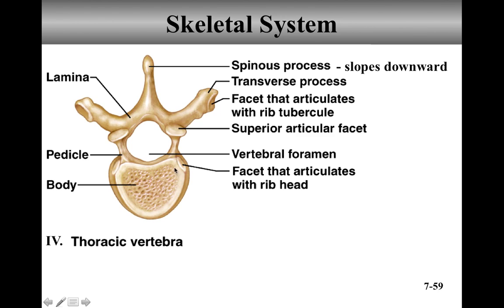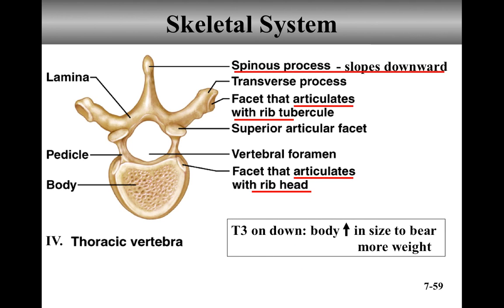A little bit bigger body, a facet for a rib head, a facet for a rib tubercle, and so your rib is actually going to curve back a little and then head around towards the front of your body where your heart and your guts are. And so these are a couple of landmarks that'll really let you know what kind of rib you're looking at. So, spinous process, got it. The rib tubercle articulation site, got it. And the rib head, got it.